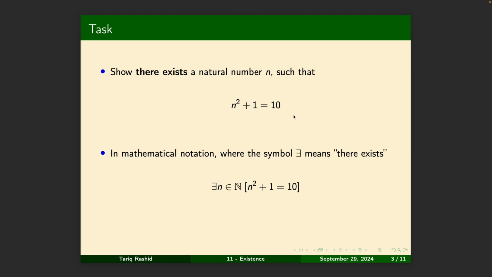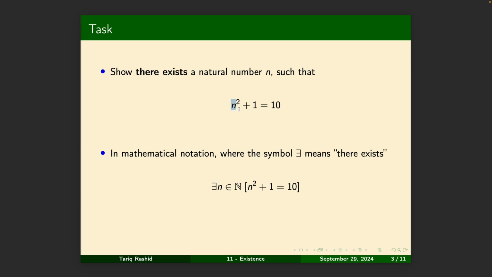Now, if I gave this to you person to person without pen and paper, you could probably do this in your head. You could say, well, n squared is always positive, plus 1 increases the sum a little bit, and it's 10, so n can't be a big number, can't be 20 or 100 or 1,000 or a million, it's got to be quite small.